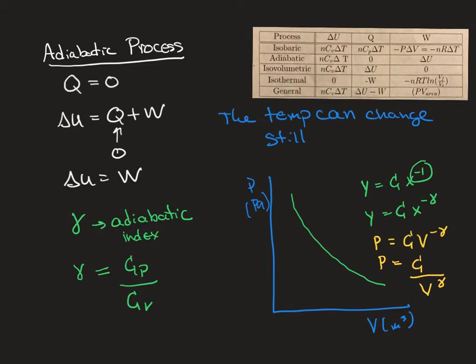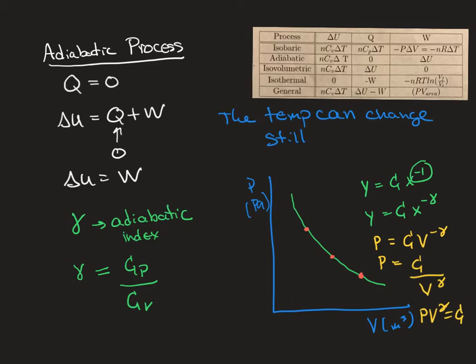And then I'm going to multiply the pressure times the volume raised to the adiabatic index, and that's going to equal a constant. So no matter what pressure volume pair I pick, this pair, or this pair, or this pair, when I use my relationship here, if I take that pressure times volume to the adiabatic index, it's always going to equal the same constant.